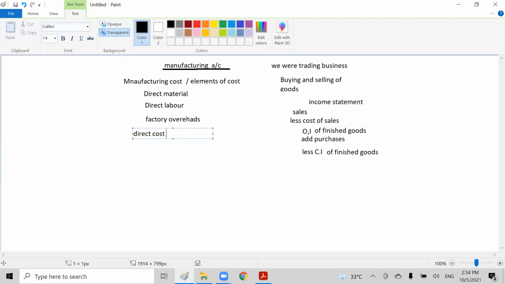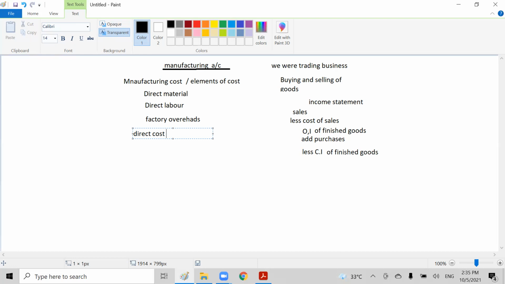Direct cost is a cost which becomes the integral part of the product, or which can be traceable from the product, or which is directly attributable to the product.